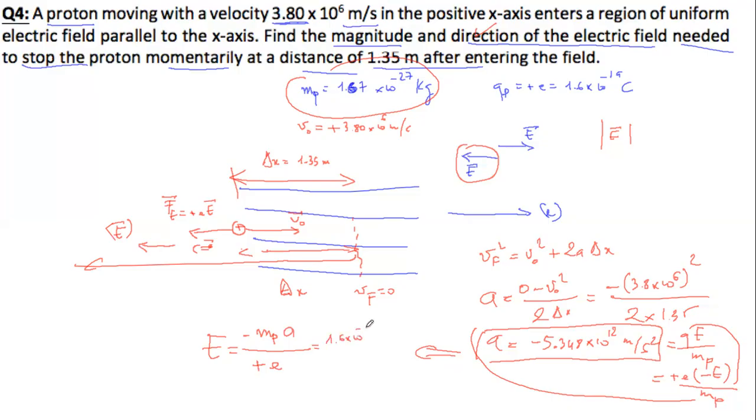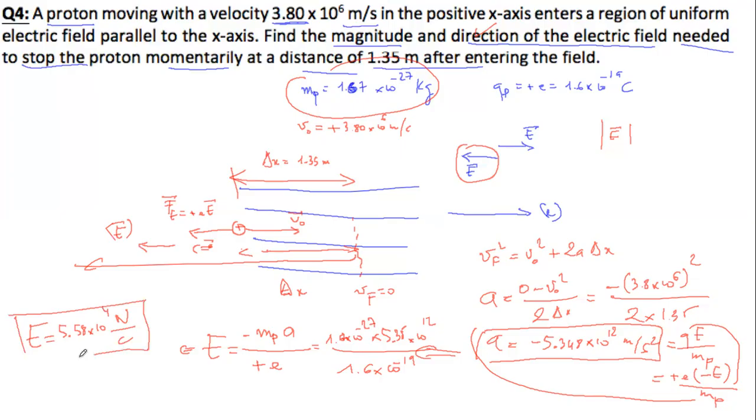So 1.67 × 10^-27 kilograms. You put everything in SI units. Times 5.35 × 10^12 divided by 1.6 × 10^-19. And this gives you an electric field of 5.58 × 10^4 newtons per coulomb.